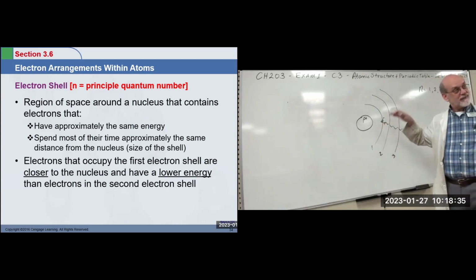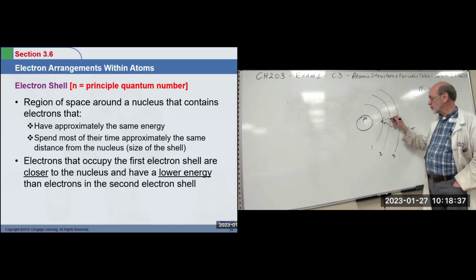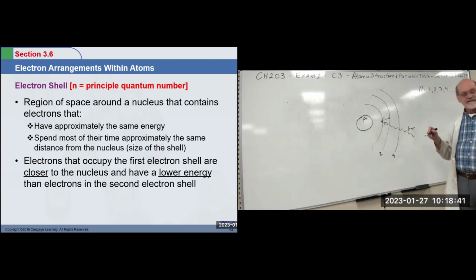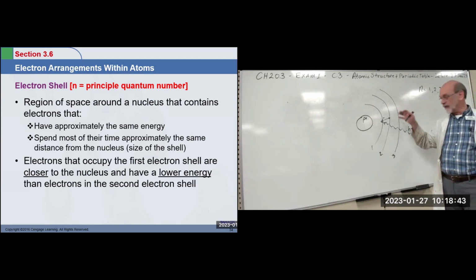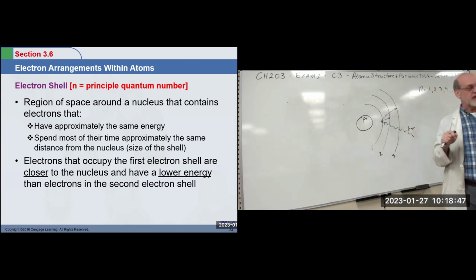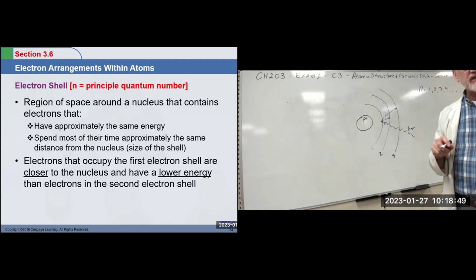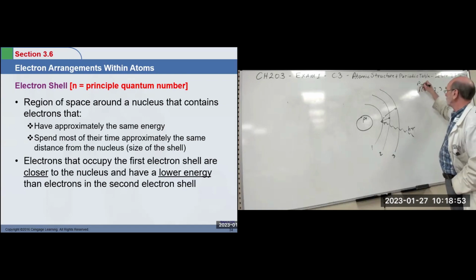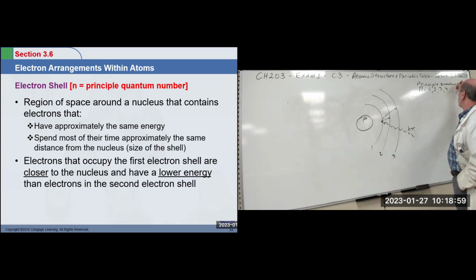If it's just the right amount of energy, it'll go up to that position. If it's more and it's just the right amount, it'll go up to this one. Okay, so that's Bohr's model. It's based upon this n, which is also called the principal quantum number.